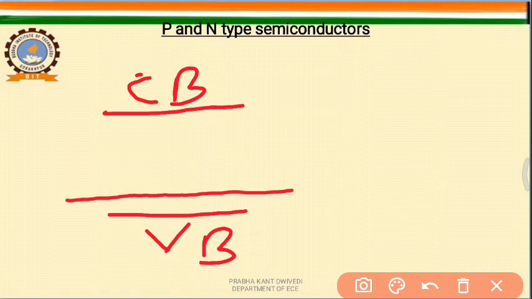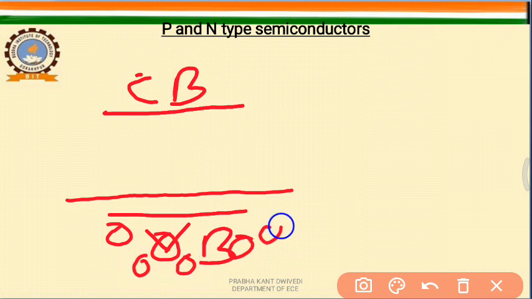This dopant creates an energy level exactly above the valence band, and excess amount of holes are created in the valence band, and very few electrons are also created in the conduction band.